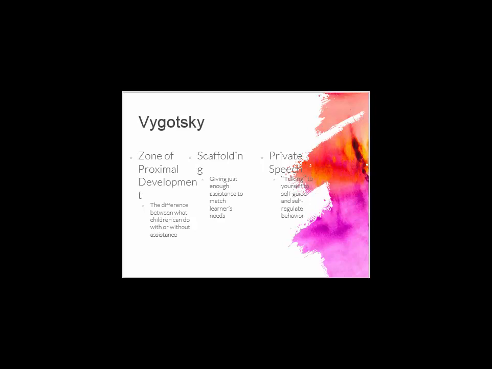For learning to be effective, the adult also needs to engage in scaffolding. This is where they're adjusting the support offered during a teaching session to fit the child's current level of performance. So, control of cognitive skills is most readily transferred from others to the child through scaffolding.